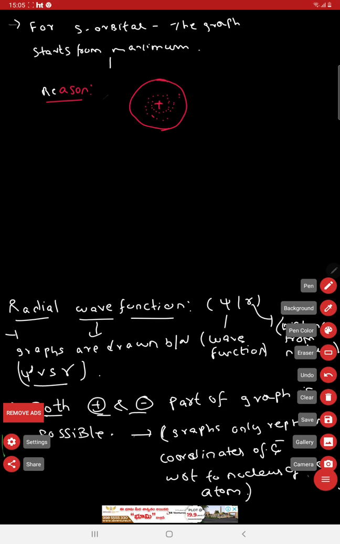The electron density decreases as we go away from the center.